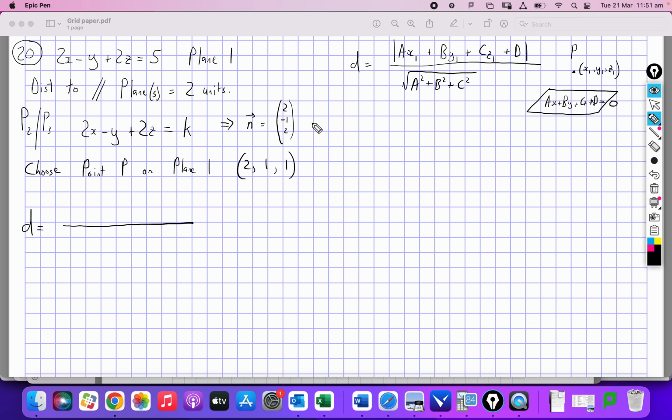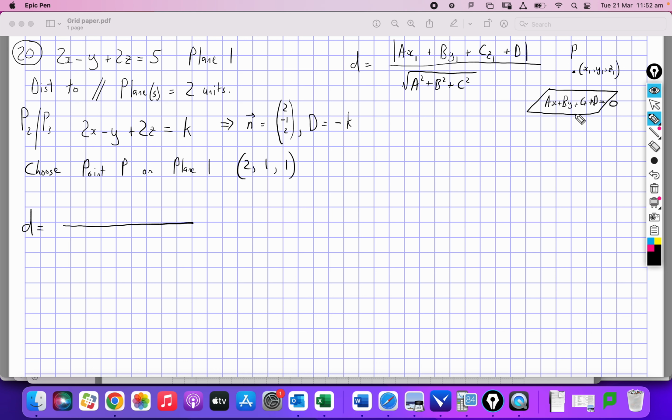And the D value that I'll need to fit in would have to be a minus k. And the reason why it's minus k and not positive k is because when we derived this distance formula, our plane equation, I've written it here, was ax plus by plus cz plus d equals 0, not ax plus by plus cz equals d.